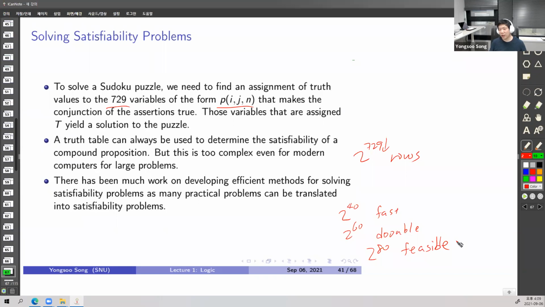If you collect all computing power in the world, then you can solve some problem of complexity 2 to the 80, kind of, but still 2 to the 128 is believed to be infeasible. This is too large a number to be computed. So definitely this value is out of our ability to compute.